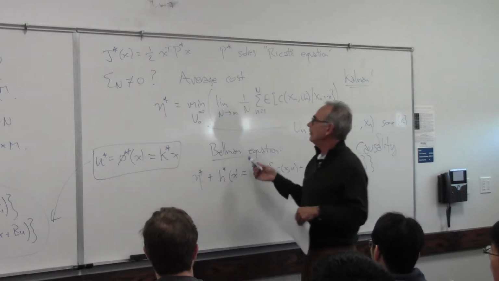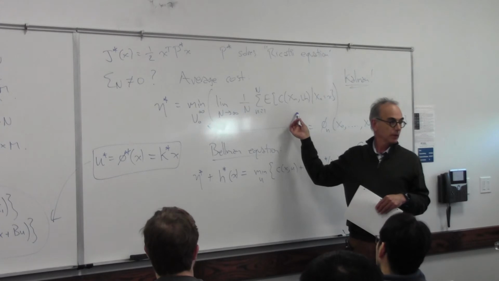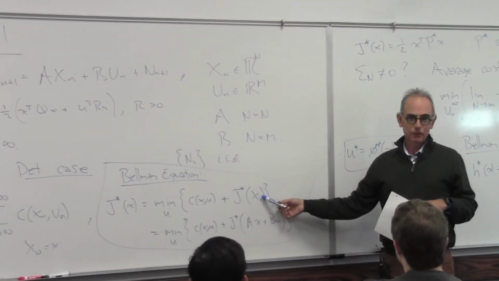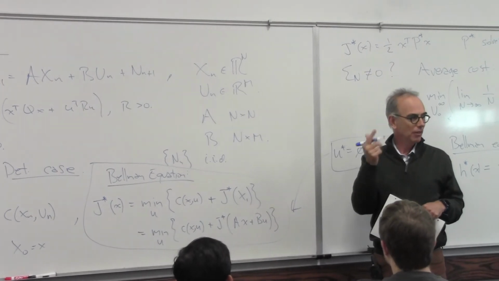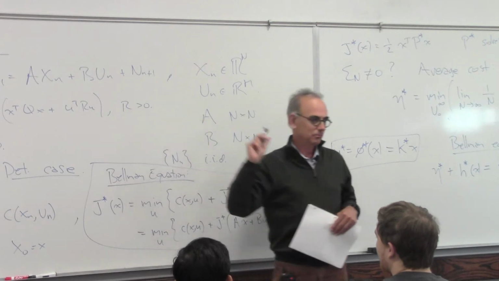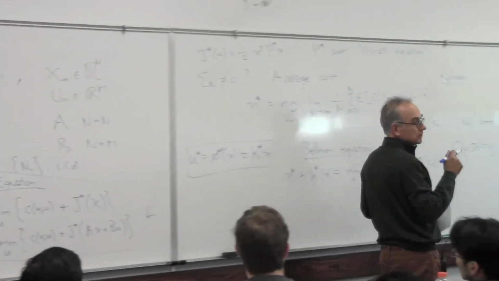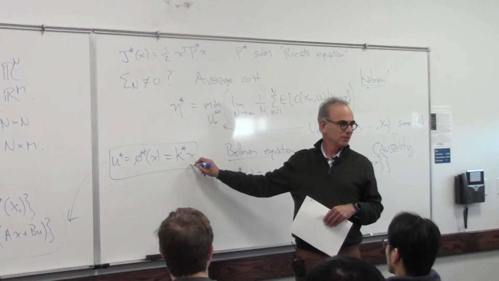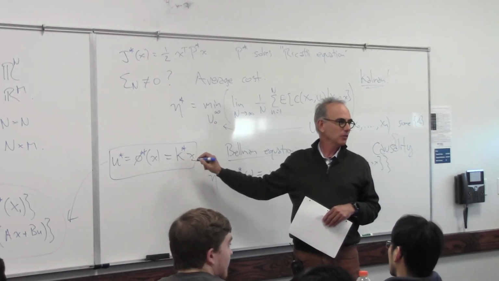So the Bellman equation for the average cost problem is basically almost identical to the deterministic problem with 2 changes. I stuck in a conditional expectation here, and I added on a constant. That's all it is. And what's the solution? Nothing changes. Noise doesn't change the solution at all.